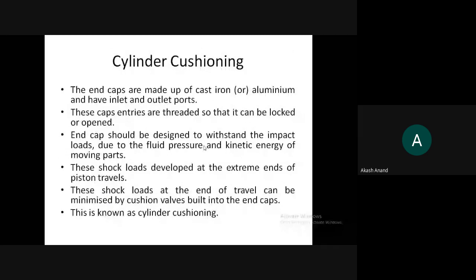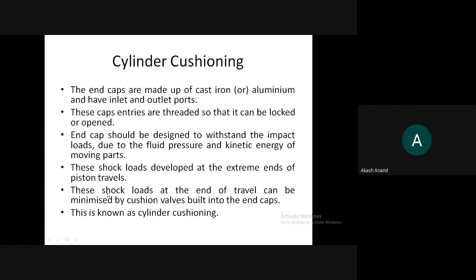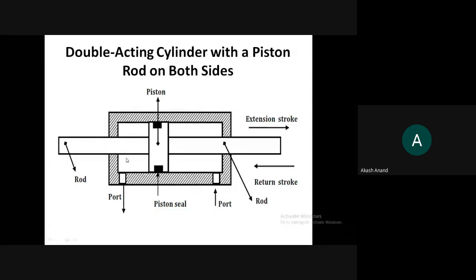Okay, that is why we are using the cushion cylinders. I think it is clear to you. So these shock loads are developed at the extreme ends of the piston travel. These shock loads at the end of the travel can be minimized by cushion valves built into the end cap. We are actually placing cushions to protect the end caps, or both the piston and the end cap. Okay, I think it is clear to you.